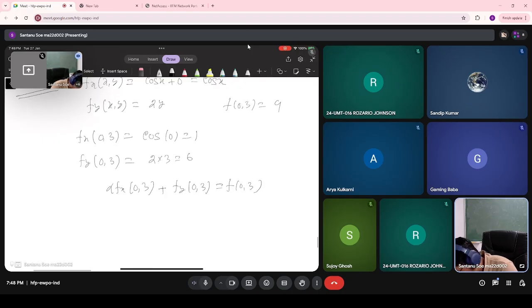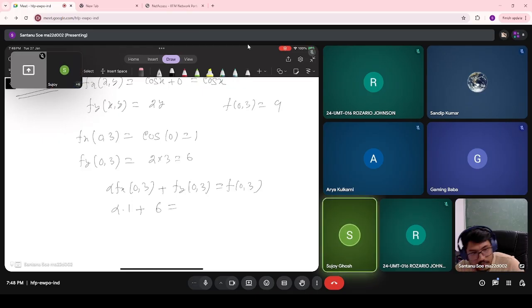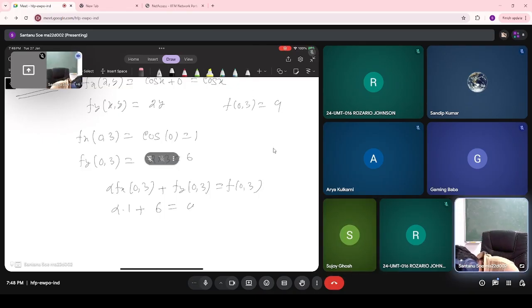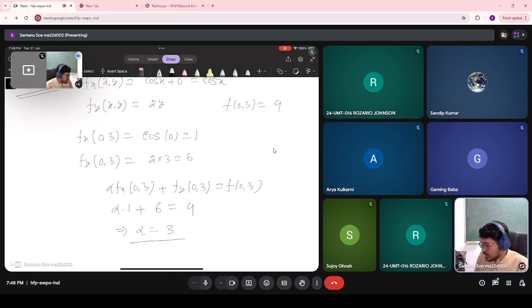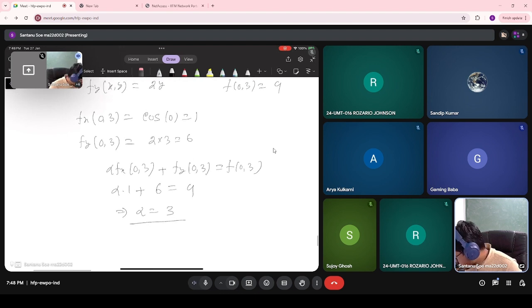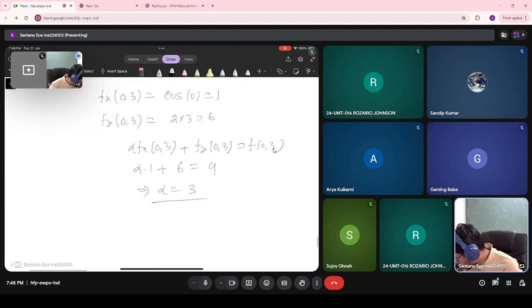So you now substitute all the values. So this will be alpha into 1 plus 6. Tell me, answer is three. Yeah, answer is 3. So this implies alpha is 3. Okay, thank you. So this is the answer. I think this is pretty easy.